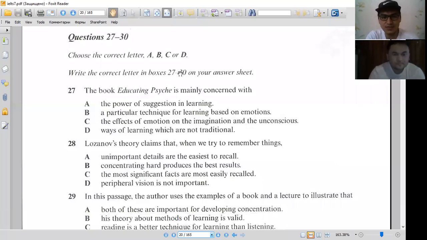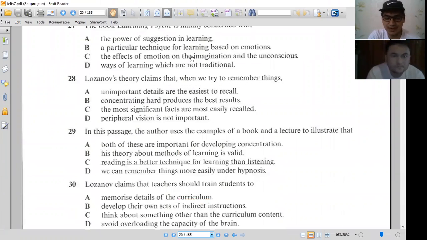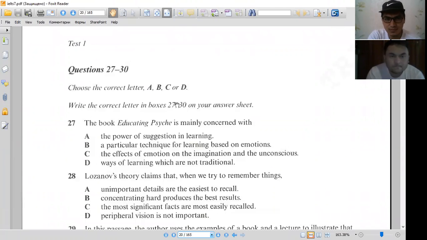So questions 27 till 30. Choose the correct letter A, B, C, or D. So they are multiple choice questions, right? Right. Yes. Multiple choice questions.